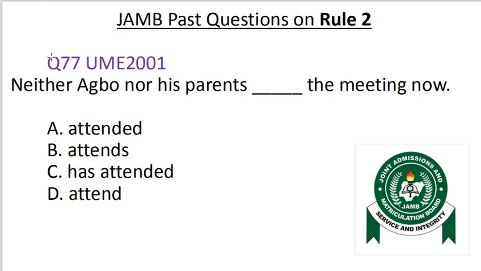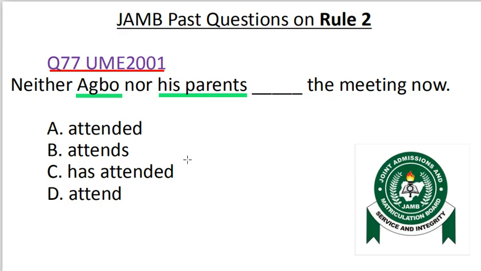Question 77, UME 2001. Neither Agbo nor his parents dash the meeting now. A, attended. B, attends. C, has attended. D, attend.